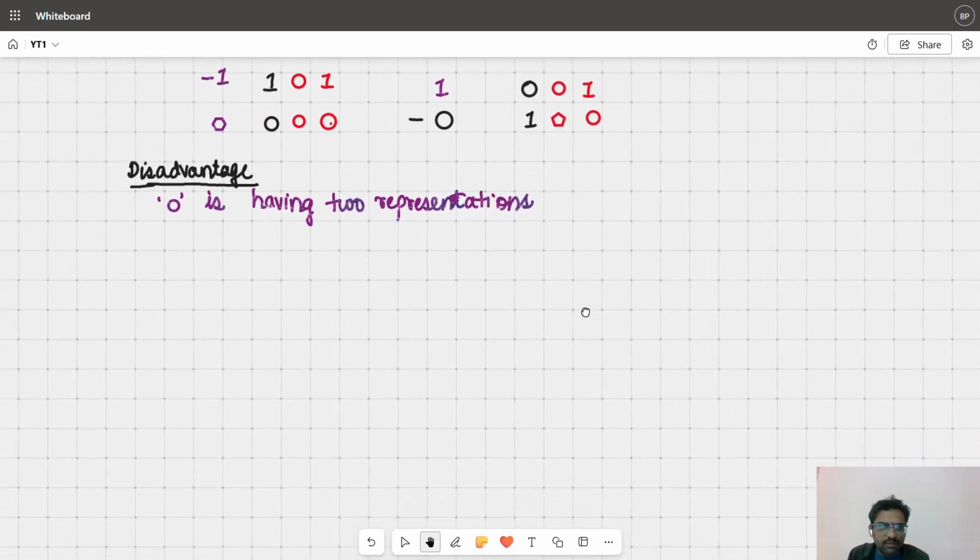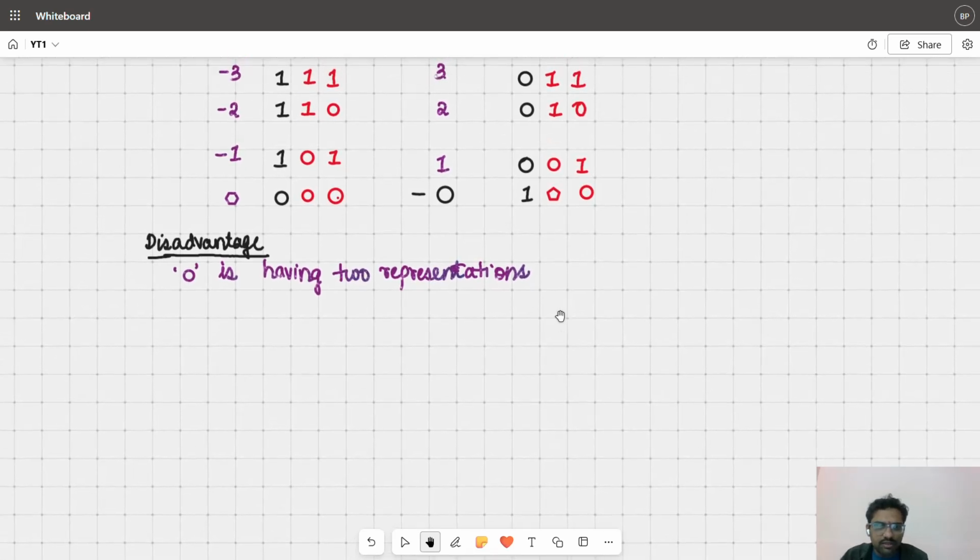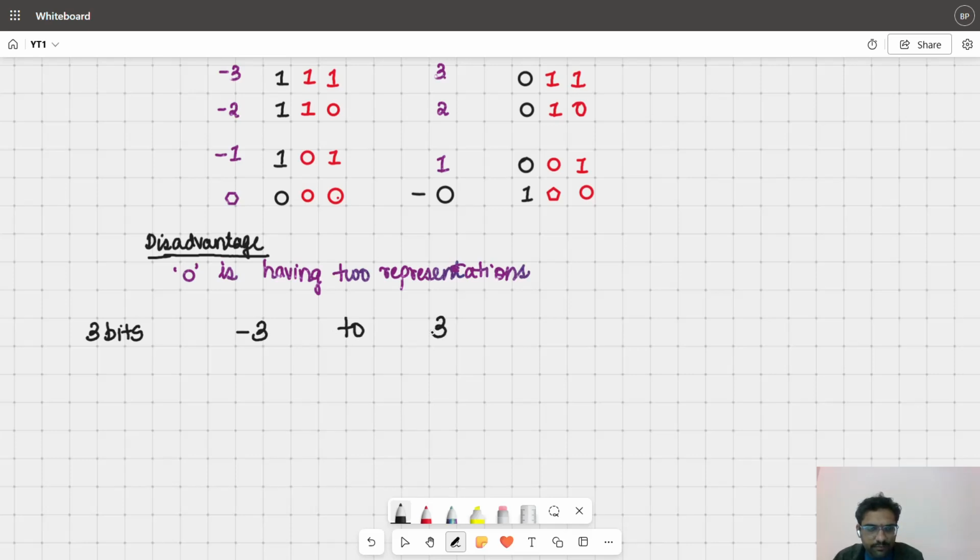Using 3 bits, you can represent from -3 to +3. One extra bit is used for sign representation, so I can also write the 3 as 4 minus 1, that is 2 squared minus 1.